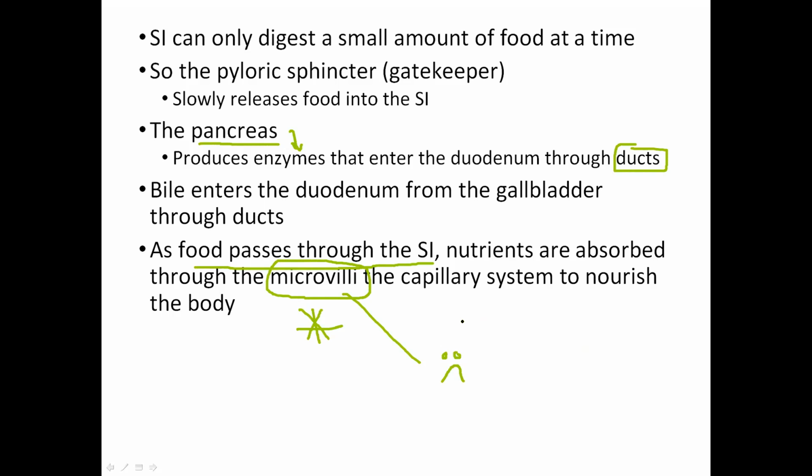And gastrointestinal inflammation will hurt the microvilli. If you're allergic to gluten and dairy and that kind of thing, it'll hurt the microvilli. And this system nourishes your body. So if you hurt this, you have just hurt yourself because you've decreased your body's ability to nourish itself.